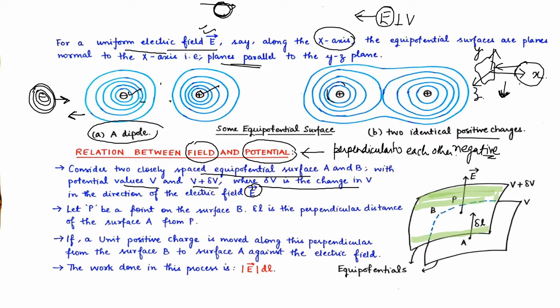Below this or above this, anything we can take, but the difference of the voltage between these two equipotential surfaces is denoted by del V. So this is one surface and the other one is this.